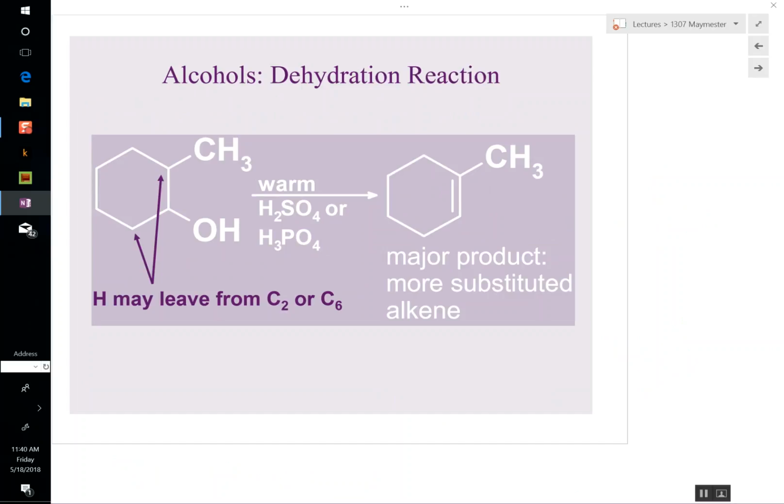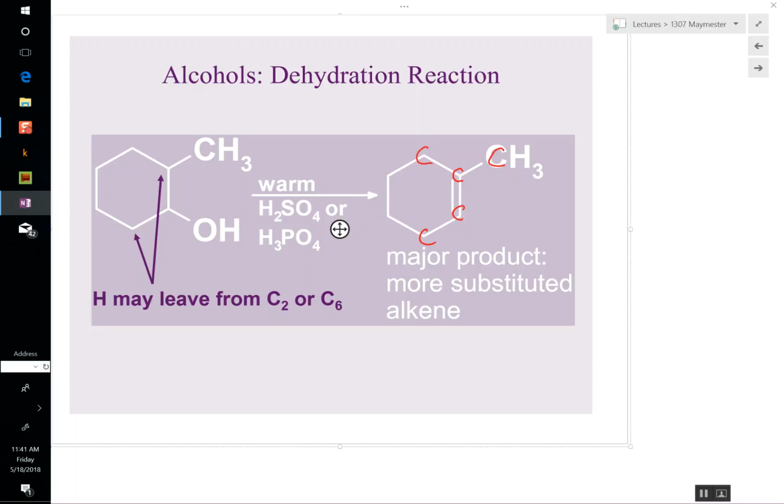Here's another one. We won't dwell on it, but this is 2-methylcyclohexanol. You got cyclohexanol. You got a methyl group over there. Because we got the methyl group over there, this double bond is going to have 1, 2, 3 carbons on it.